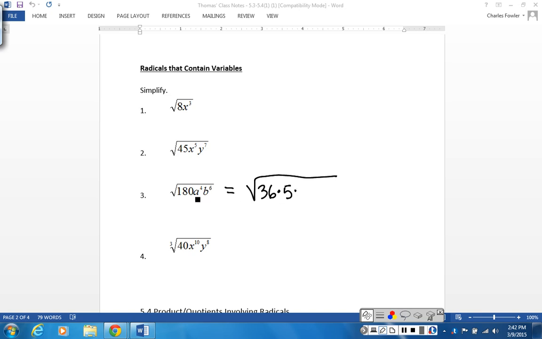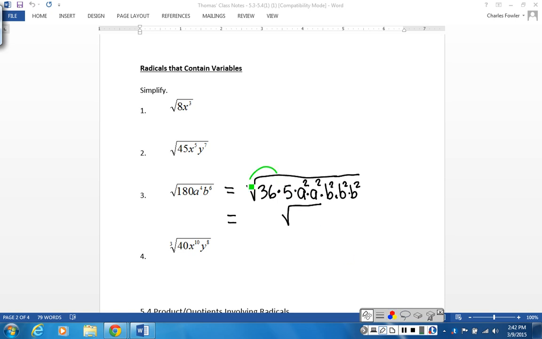A to the 4th is already a perfect square, but again, I like to break it all the way down so you won't be confused. Break it down as a squared times a squared, and break b to the 6th as b squared times another b squared. Alright? Let's go down the line, so let's leave some space in front.